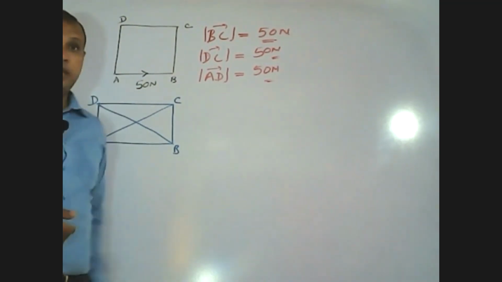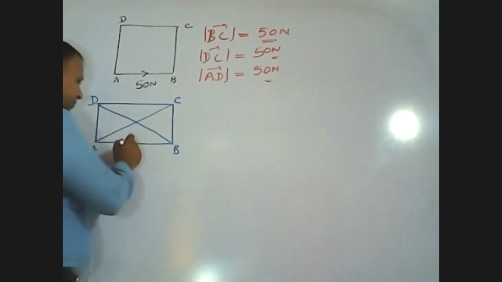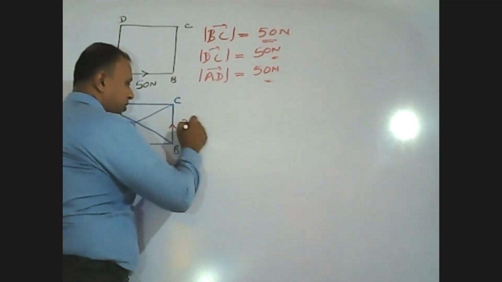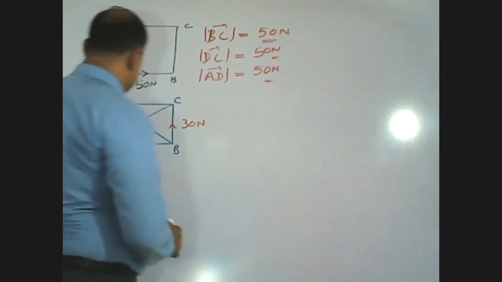The square also has equal diagonals. If AB is 40 Newton and BC is 30 Newton, we are asked to find the value of AC, DC, and AD.